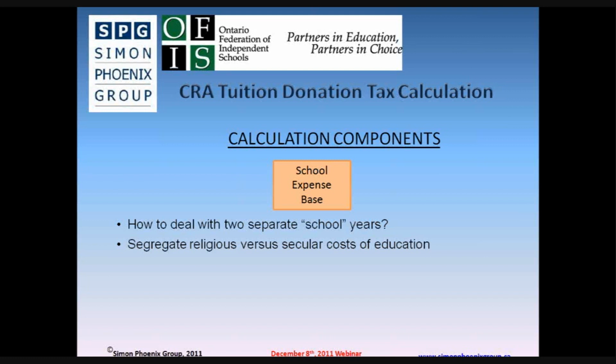The trick comes in when you're dealing with things that are not as easily segregated, such as overhead costs. Your school's operating in a single building. You don't have partitions where you have rooms that are solely dedicated to the teaching of religion and rooms that are dedicated to teaching secular studies, nor can you segregate utilities and administrative costs and things like that.